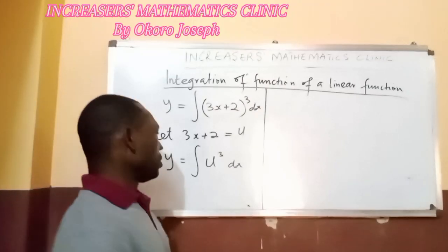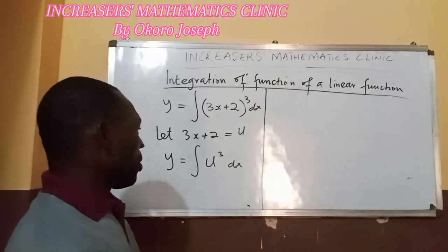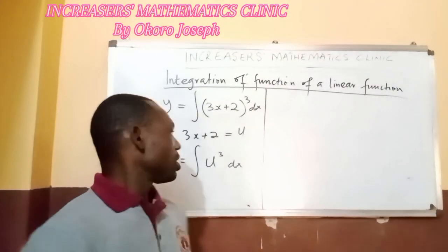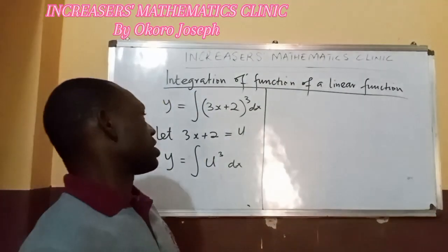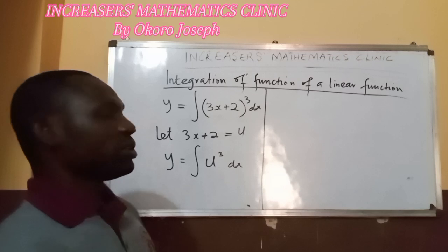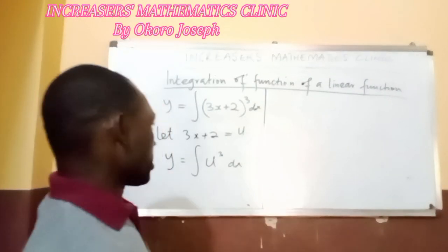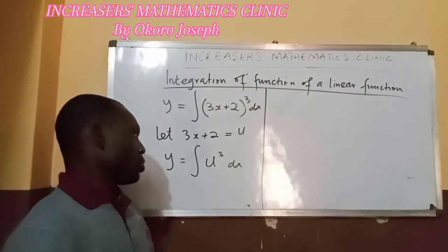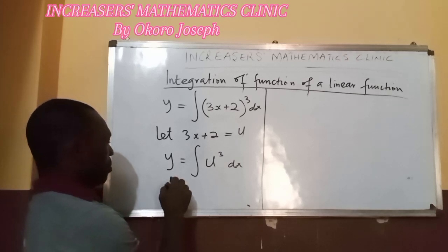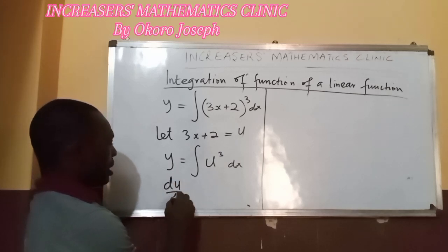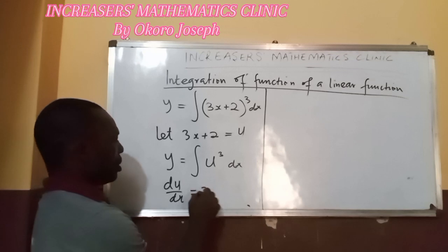So that is our new function now. Before we integrate, we have to differentiate the linear function which we assigned the value u. So for us to differentiate this, we have that du dx is equal to 3.